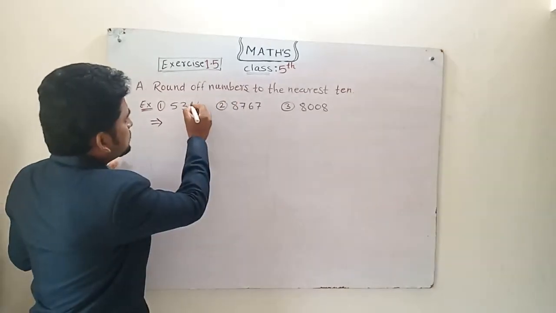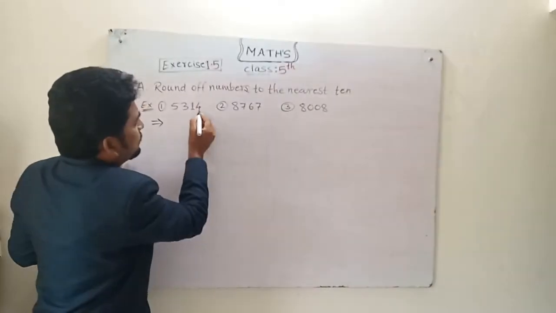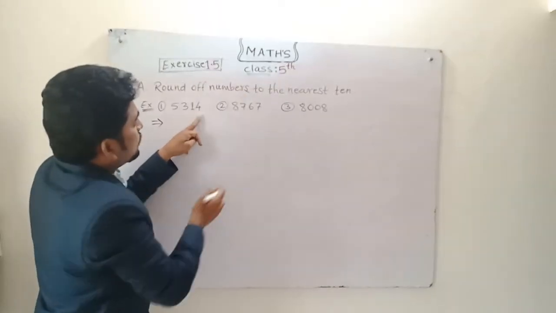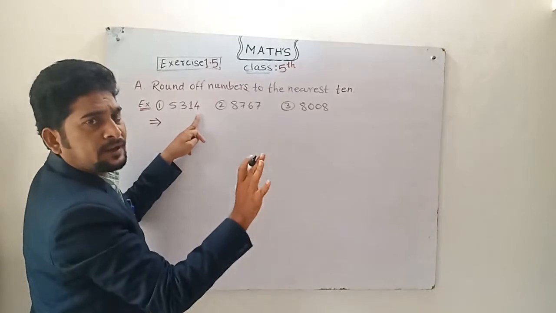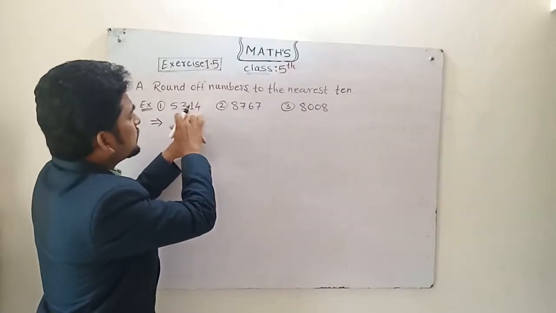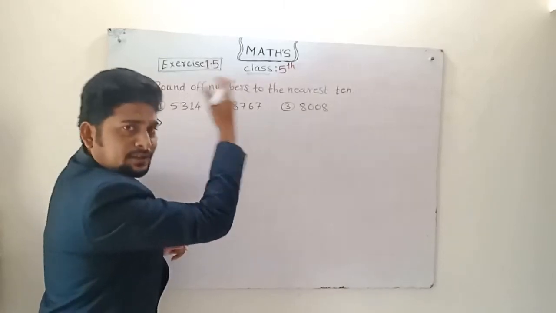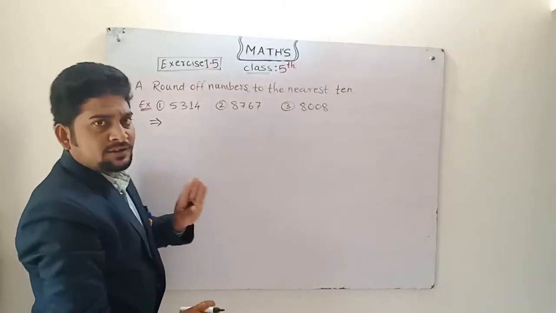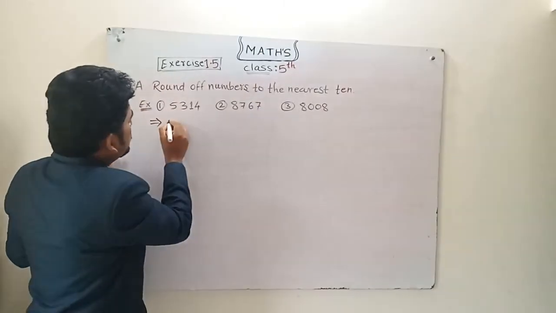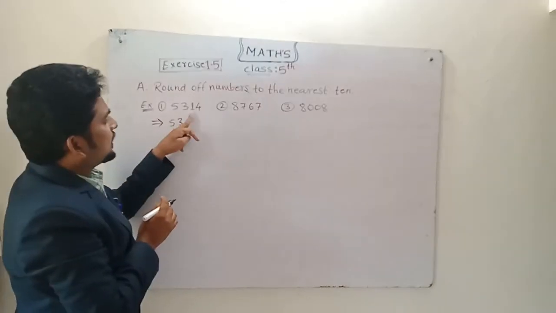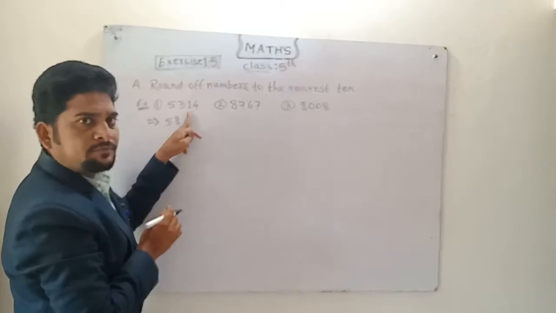So 1. Nearest 10 they ask: ones, tens. On the tens place 1 is there. After that what do I want? 5 or more than 5? No, 4 only. If 5 or more than 5 is there, then 1 will change to 2. Otherwise it will be the same only. So 5, 3 as it is we have to write. The tens place will get changed, otherwise it will be the same.